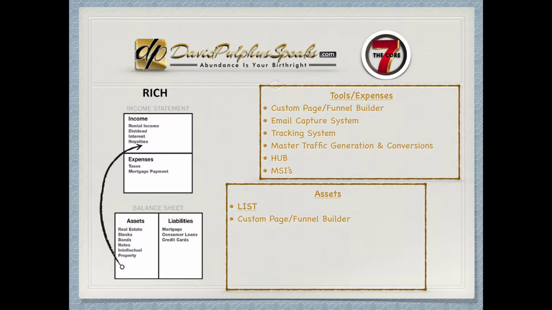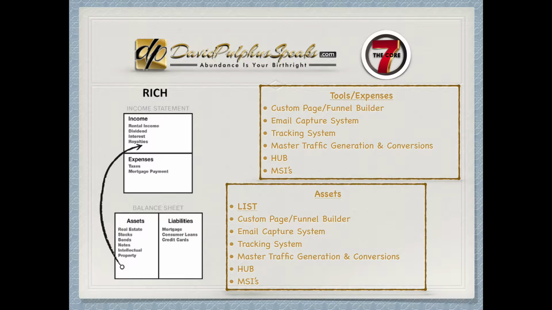Your custom page funnel builder, your email capture system, your tracking system, your ability to gain knowledge and be under the tutelage of people in the same community who understand traffic, mastering traffic generation and conversions, and having your hub and also MSIs. So in order to get your list and make it your most powerful asset, you need these other assets. One could argue which one is more powerful, because you cannot really get your list without these other six elements. You see what I'm saying?